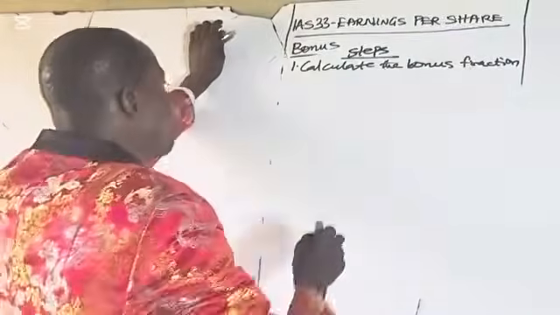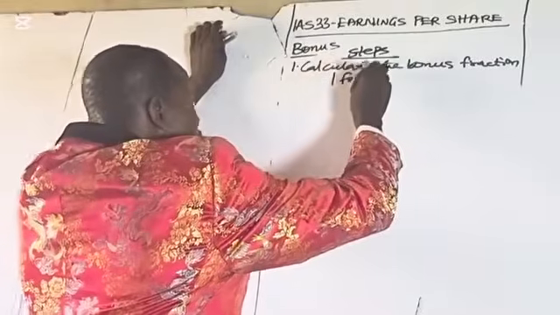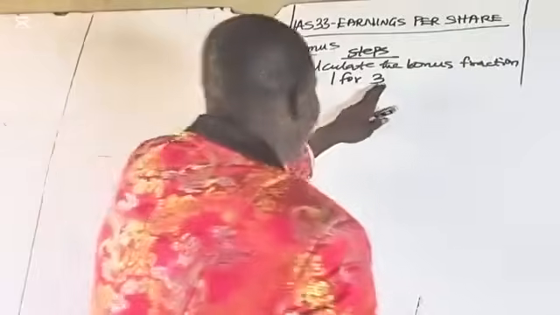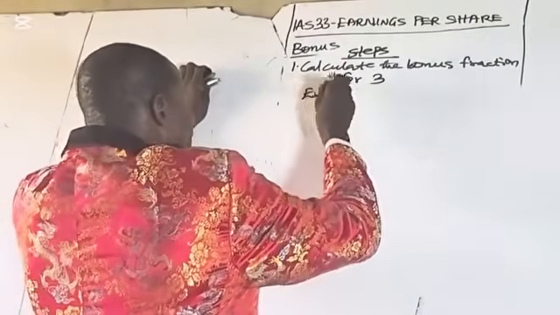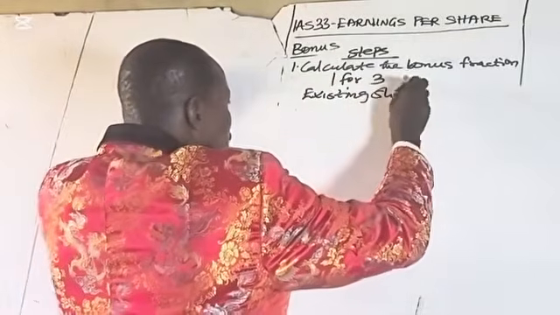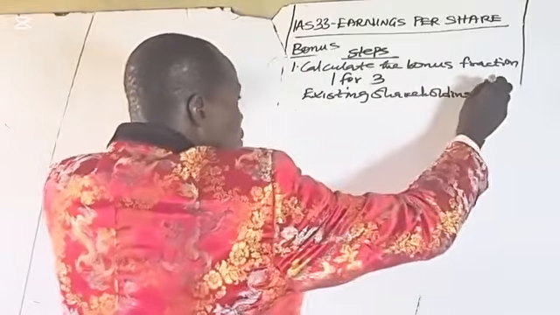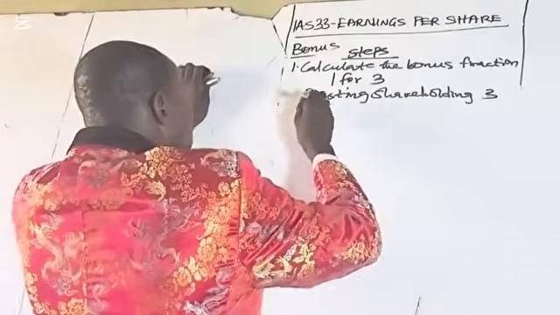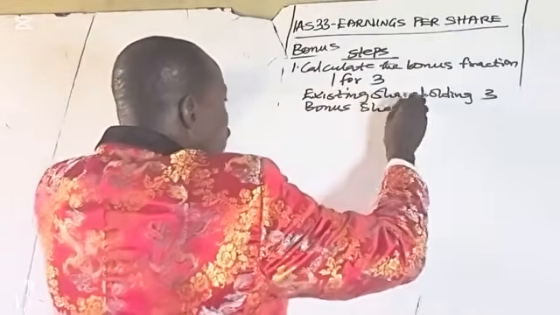Suppose the entity wants to issue 1 for 3. It means that, since this is for existing shareholders, if you have 3 shares, they will give you an extra bonus share of 1.